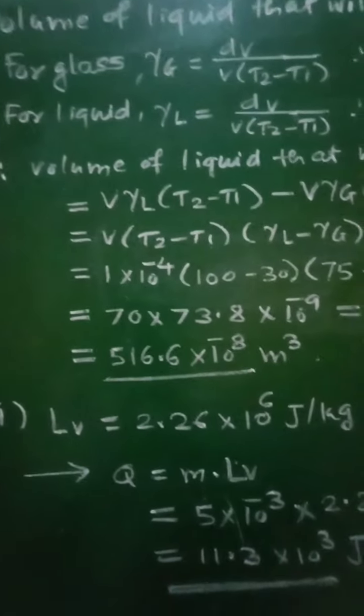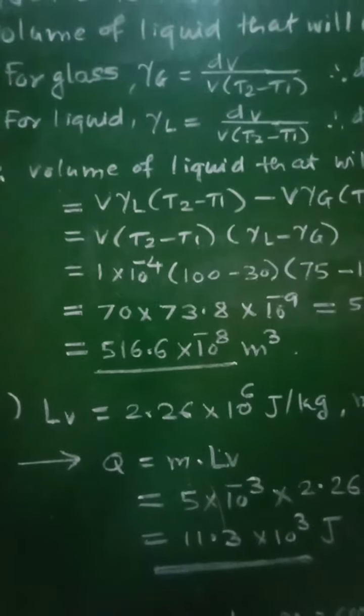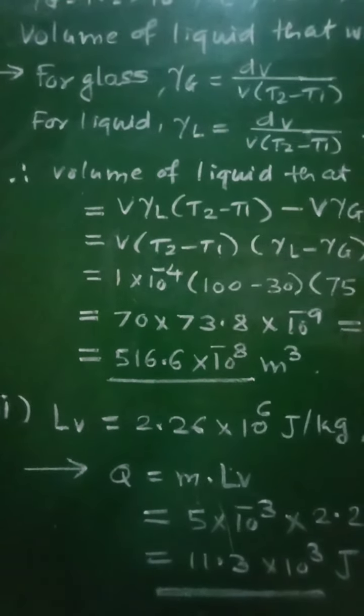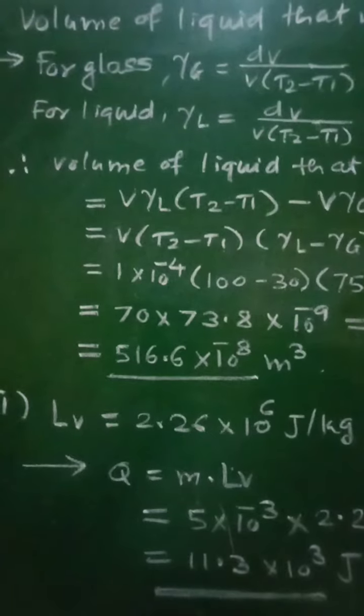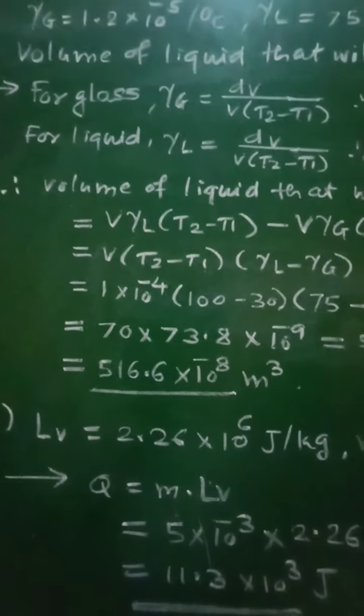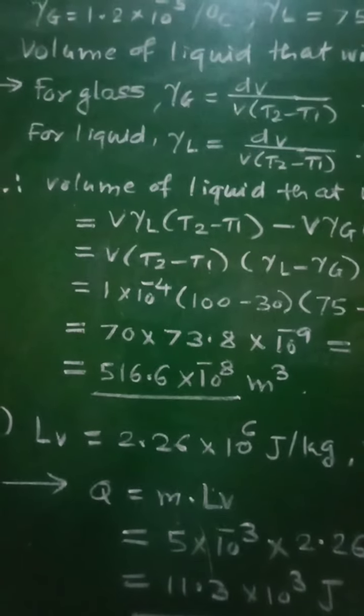Then let us consider the third numerical. It is given that the specific heat of vaporization of water is 2.26 into 10 raised to 6 joule per kilogram.